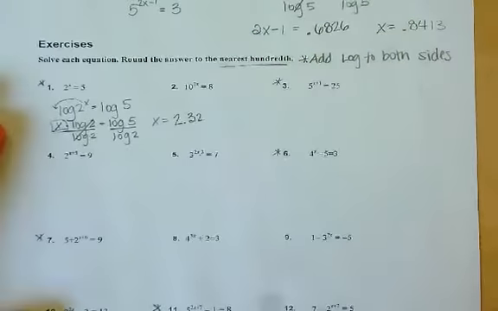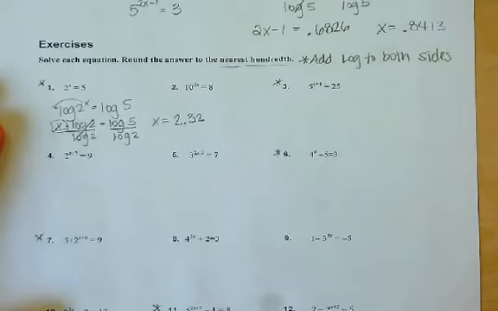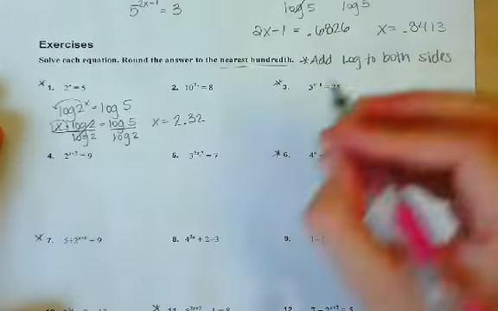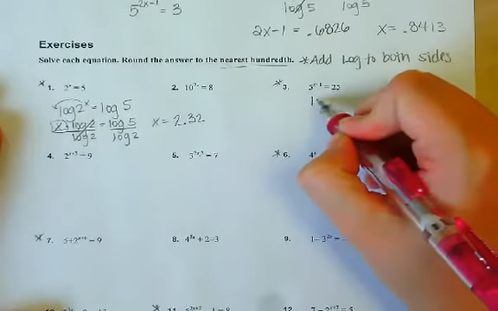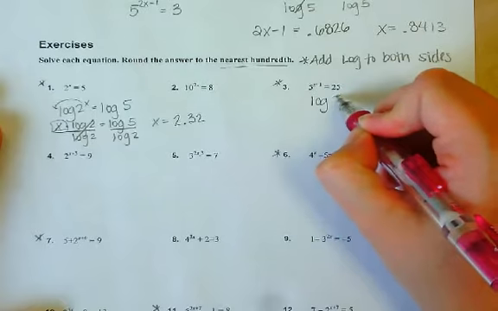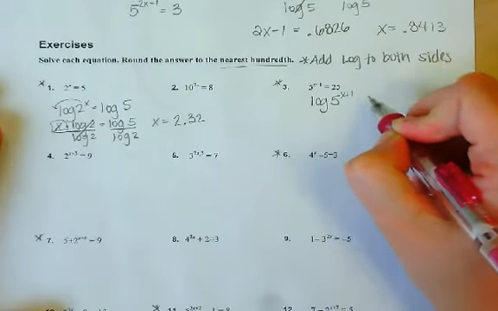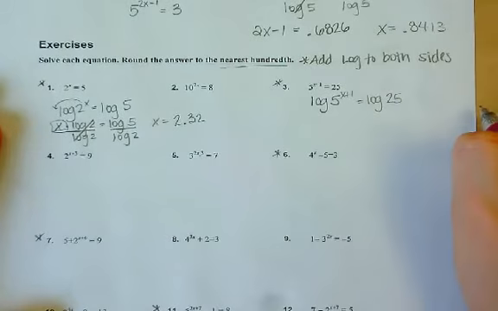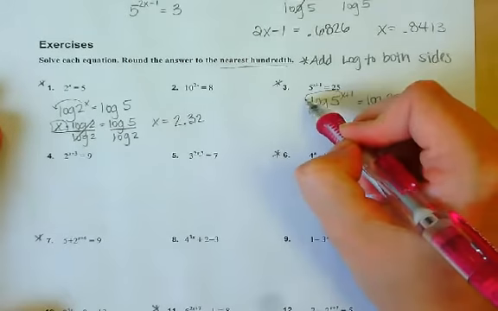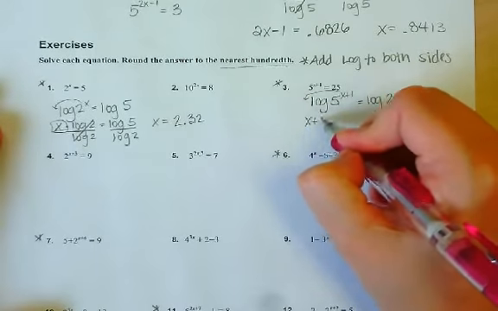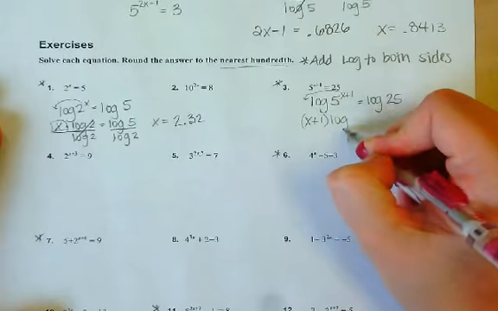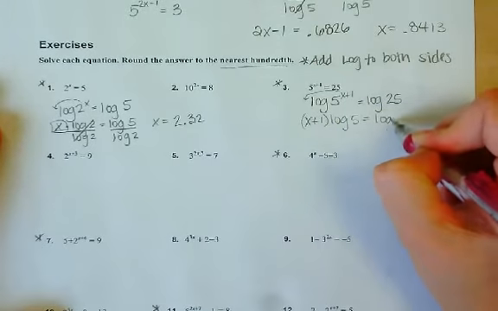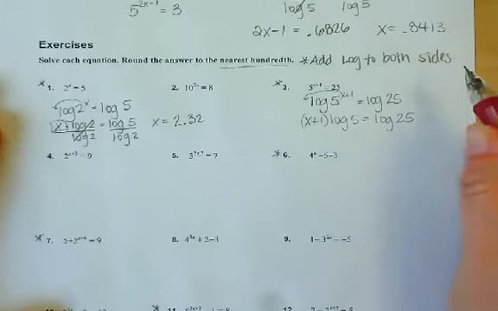For problem number 3, I already have my exponent on the side by itself. So I need to add log to both sides. Now my properties say that this exponent of x plus 1 can be moved to the front. Notice that I put parentheses around this to show that it's being multiplied with log of 5.